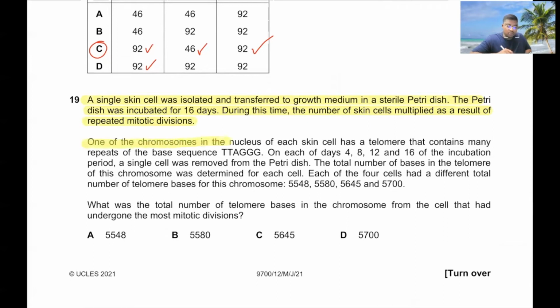One of the chromosomes in the nucleus of each skin cell has a telomere that contains many repeats of the base sequence TTAGGG. On each of 4 days, 4, 8, 12, and 16 of the incubation period, a single cell was removed from the petri dish.